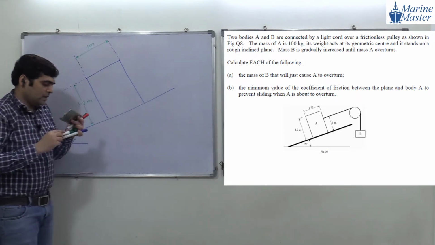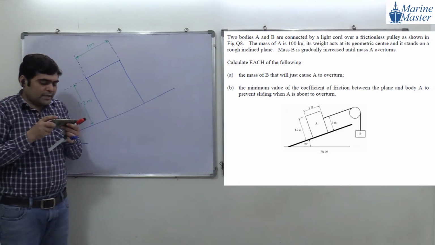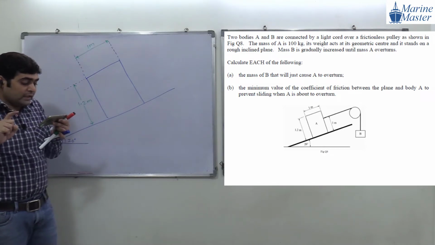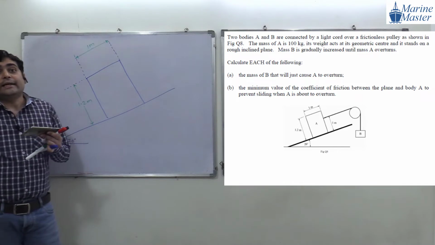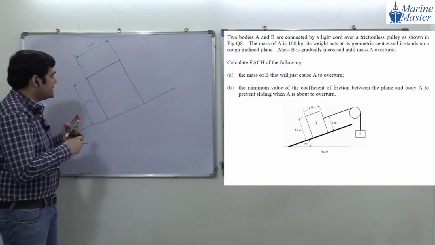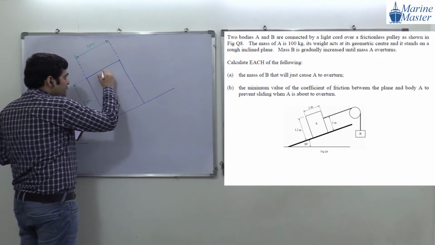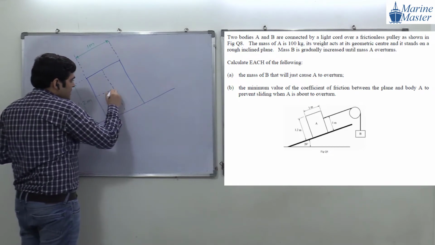Okay, good. Now, 1 meter. And what they are saying? Mass A is 100 kg. Its weight acts at its geometric center. What is the meaning of geometric center? Suppose we take exactly in between. I am drawing a dotted line exactly in between, here also exactly in between.